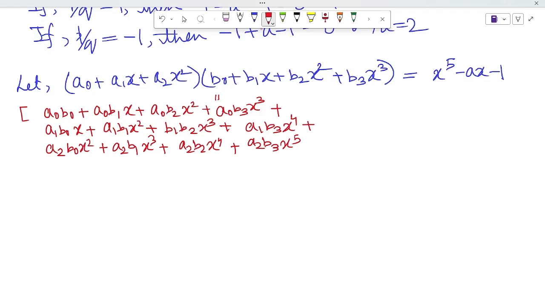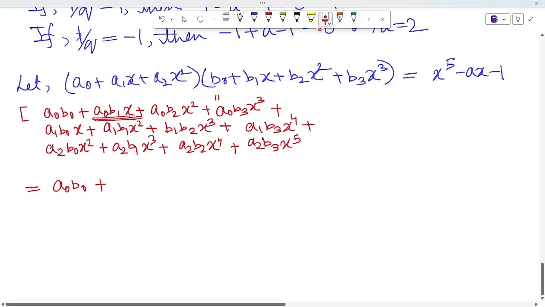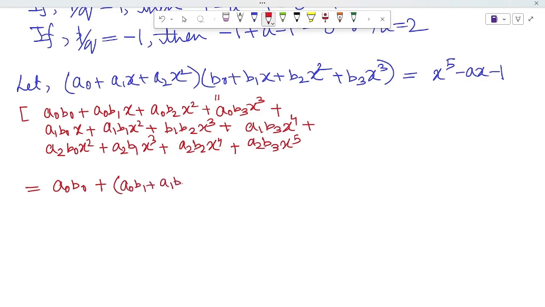That is the sum. So the constant term is a0 b0. What is the first degree term? This is the degree 1 term: a0 b1 plus a1 b0. Degree 2 term: a0 b2 plus b0 a2 plus a1 b1.